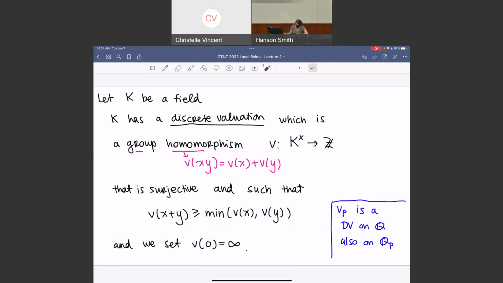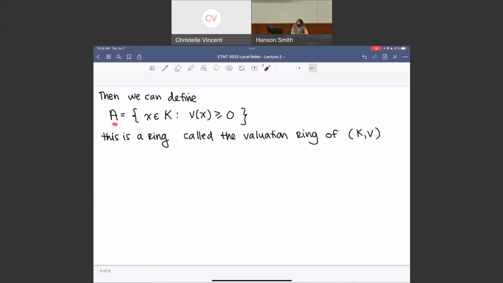And certainly the identity of your field has valuation 0 because the valuation is a group homomorphism, so a group hom has to send the identity to the identity. So there's definitely an element in this set. So it's a non-empty set that's closed under addition and multiplication, and actually subtraction. So it works as a ring.